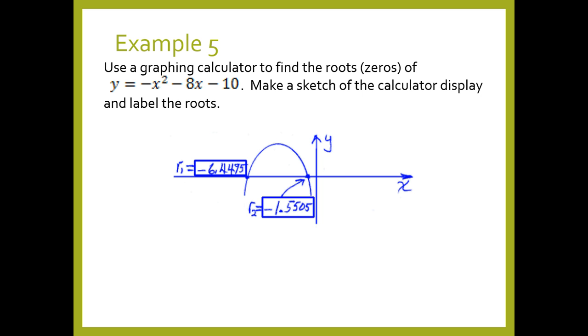It's opening down because there's a negative in front of the x squared. And if you use the calculator to find the roots, you can find the roots directly by pressing the keys and looking for them. Okay, one of them will give us negative 6.4495. The other one will give us negative 1.5505.